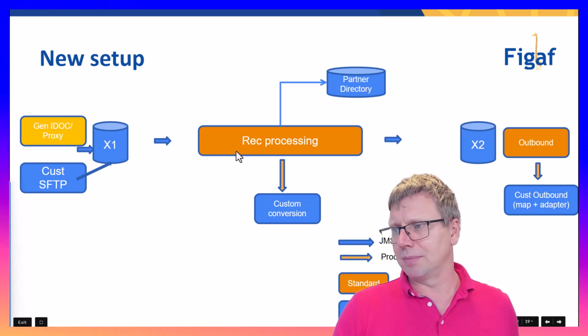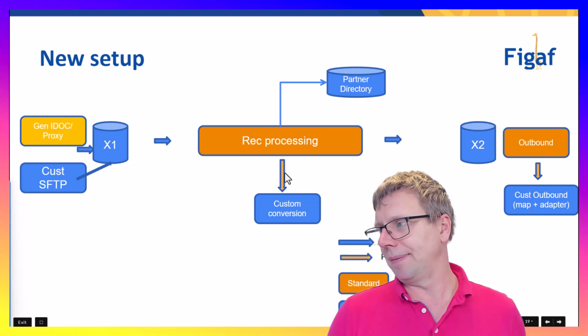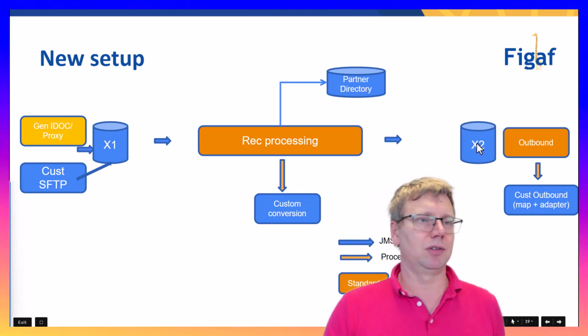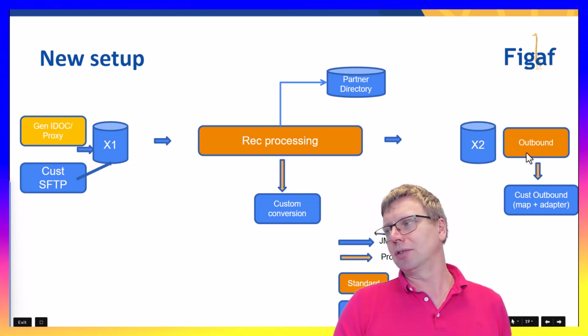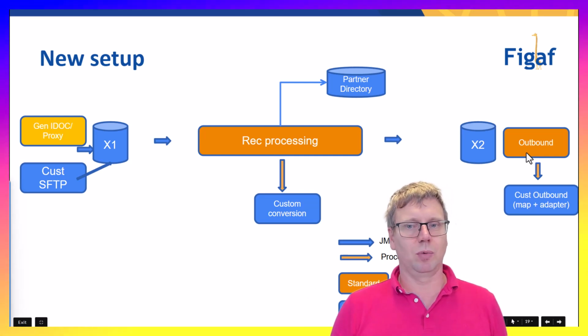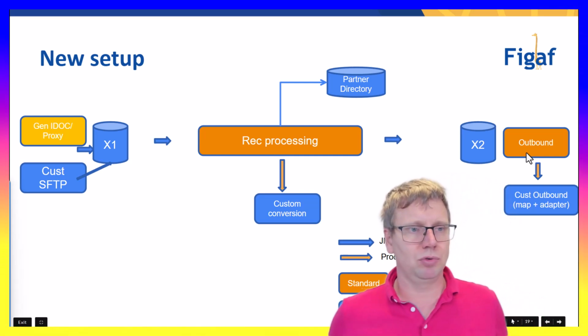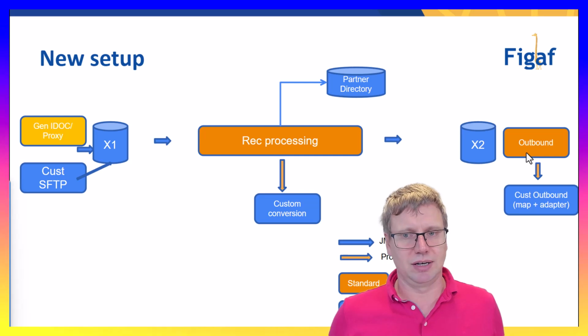And yeah, it will then figure out where to deliver it, and once it's figured out, it will deliver it to a different queue, and in this queue you then have an iFlow that picks up the message, figures out what mapping we need to use, what receiver configuration we want to use, and then it's able to deliver this.